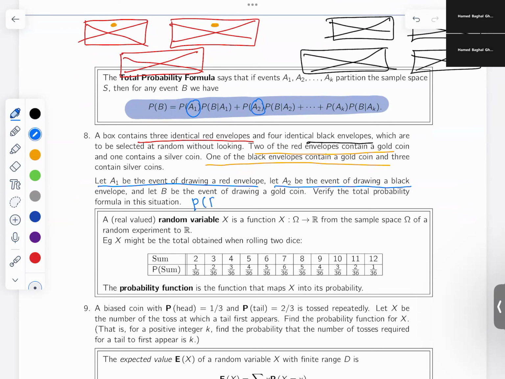Probability of B, the gold, is equal to probability of A1 times probability of B condition A1, plus probability of A2 times probability of B condition A2.